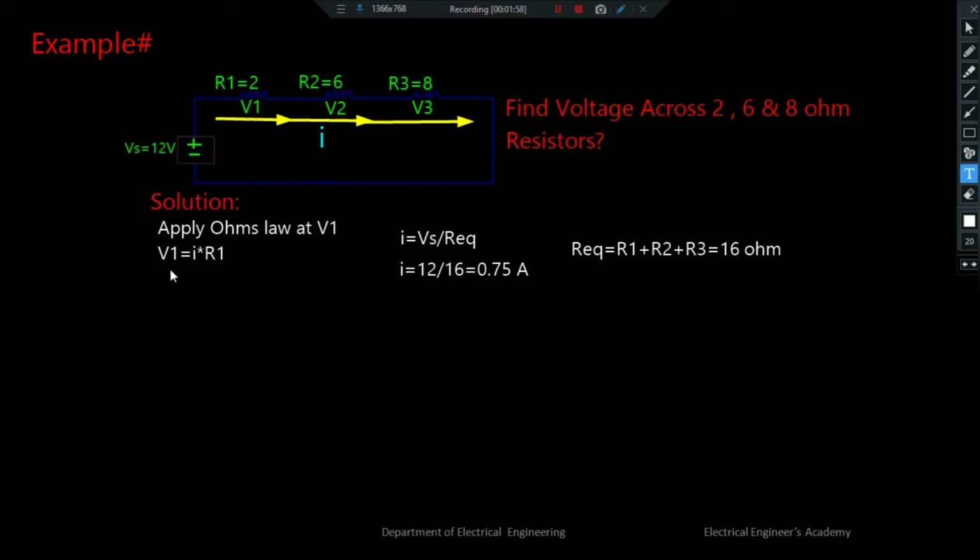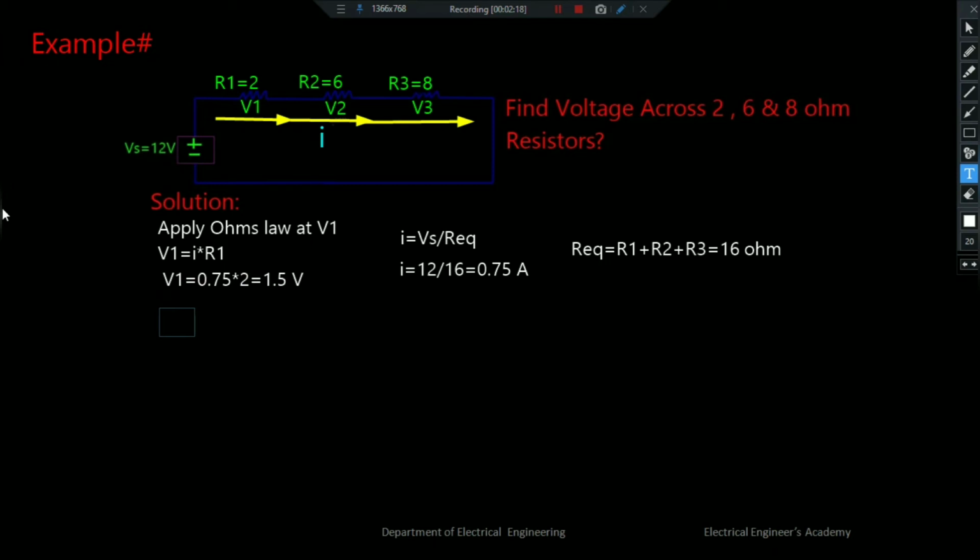Now students, this value of current would be the same across all the resistances because in series current is the same. So I put this value of I in the equation of V1, so that it becomes 0.75 times 2, which is equal to 1.5 volt.